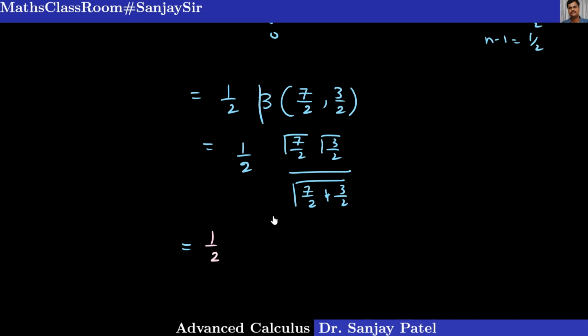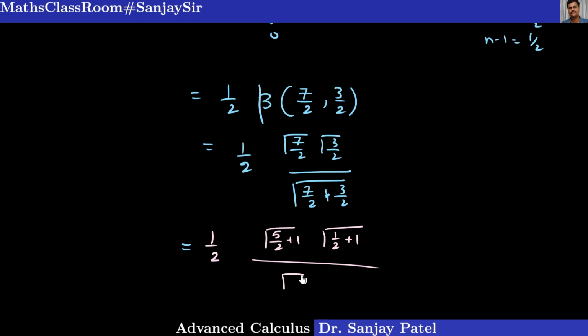This I can write as 7 by 2 means 5 by 2 plus 1. Yes, so gamma 5 by 2 plus 1. And this I can write as gamma 1 by 2 plus 1. Right? And this denominator is 7 plus 3, that is 10 by 2.